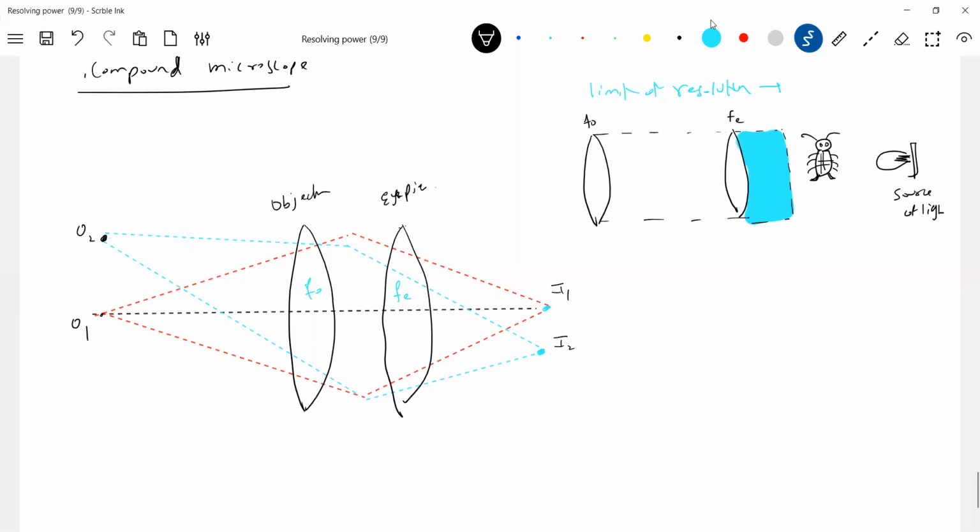This is FE, and this is FO. This is the objective lens, this is the eyepiece lens, and here is the human eye.